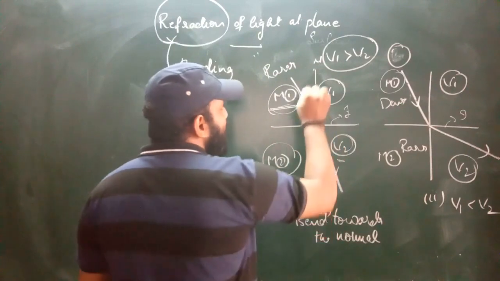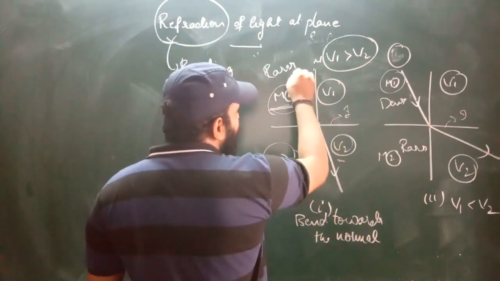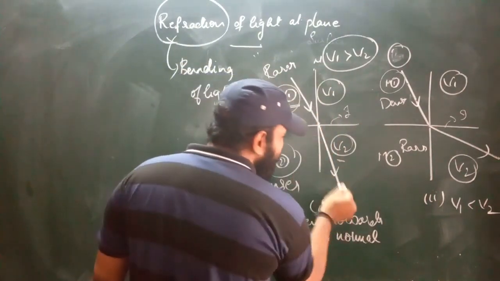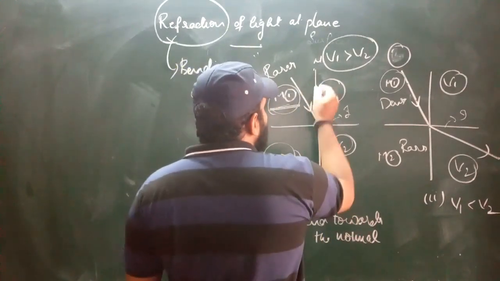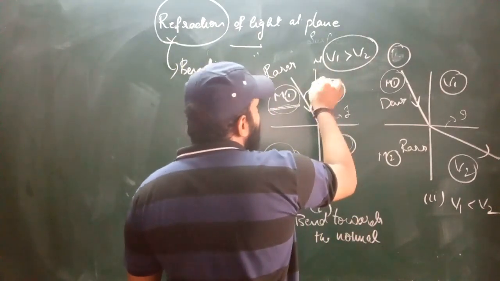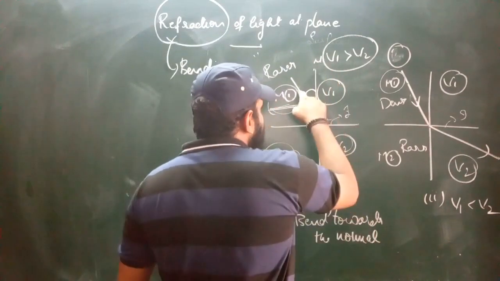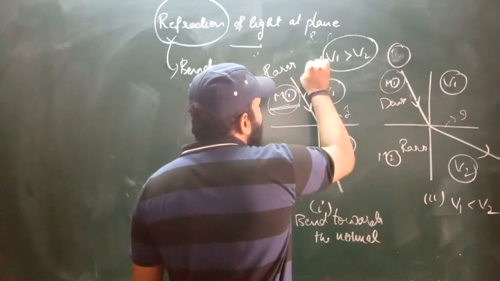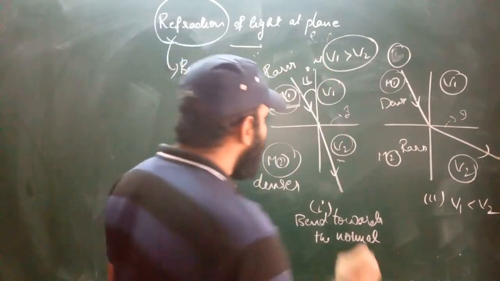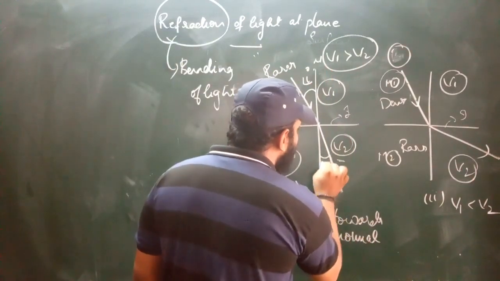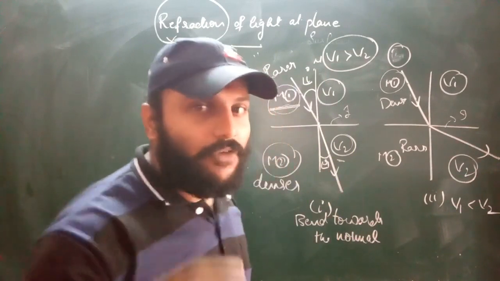And one more thing: this is our incident ray and this is our refracted ray. The angle between the incident ray and the normal is called the angle of incidence, and the angle between the refracted ray and the normal is called the angle of refraction.